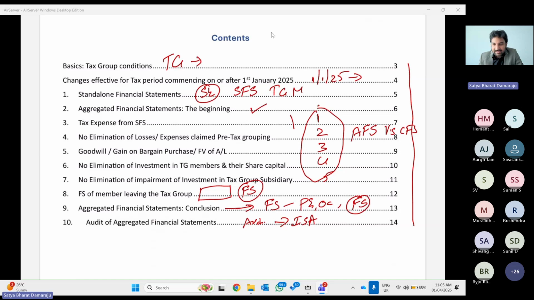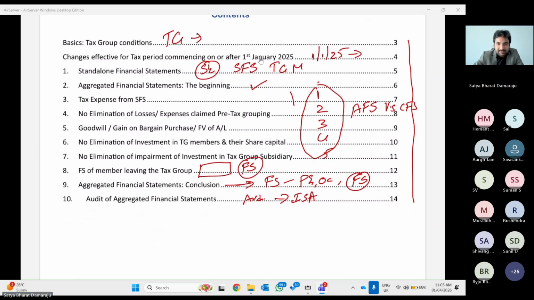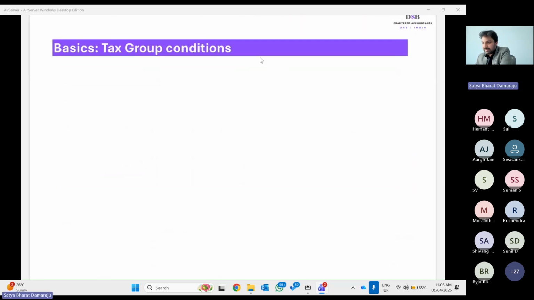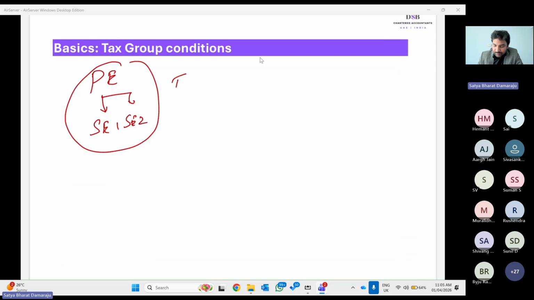We will start with the basics, a quick recap of the tax group, the conditions for creating a tax group. I'm sure this is well known by everyone. A parent entity and subsidiary entities, be it one or multiple, like subsidiary entity 2, can form a tax group when they comply with certain conditions.